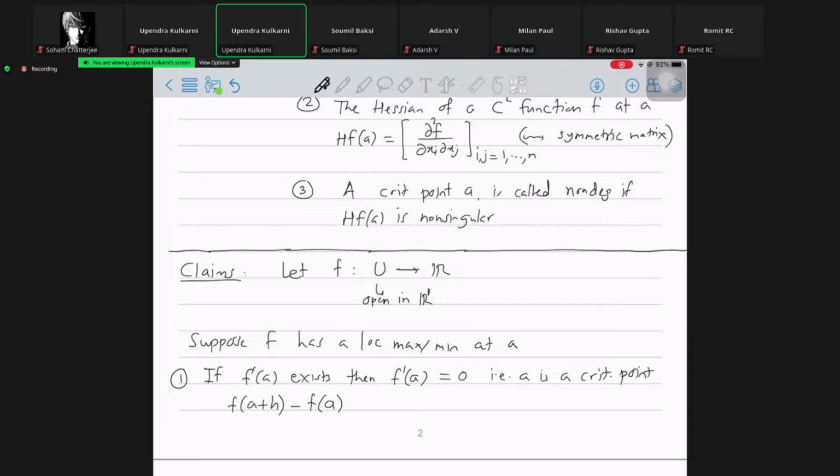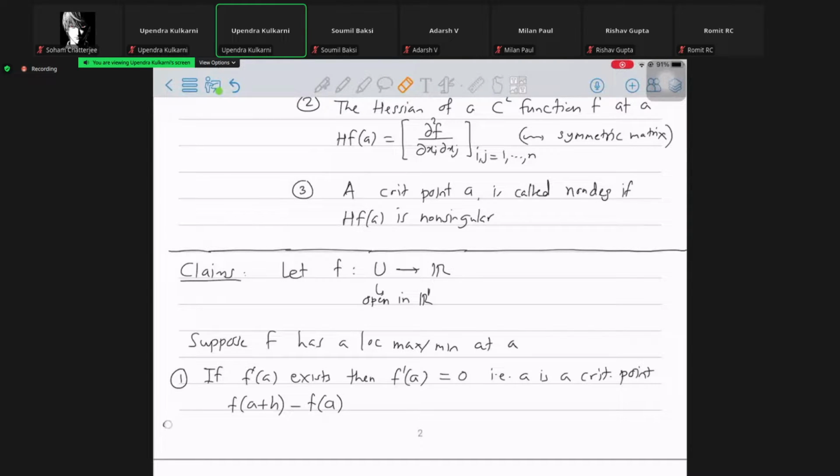So let's just take the case of a local maximum. So suppose that a is a maximum. A is a maximum is of course poor language. Suppose we have a maximum at a.